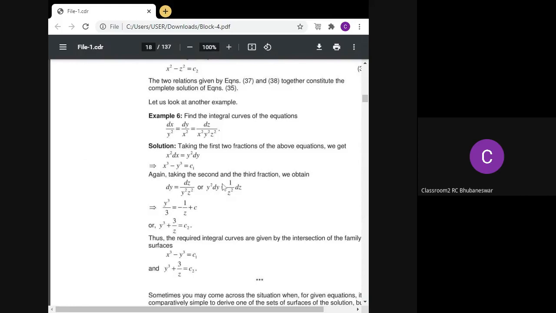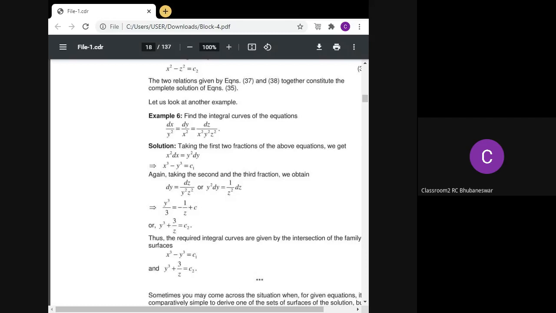And then we have taken the second and third fractions of the given system of differential equations. As you can see here, the denominator contains x square in the second and third, so it can be cancelled. After cancelling, we have dy equals dz by y square z square.